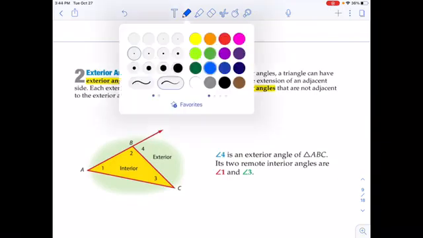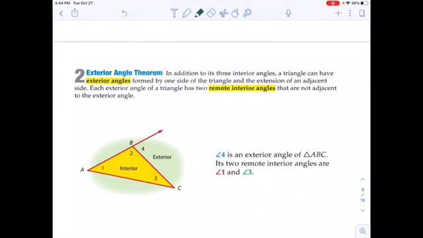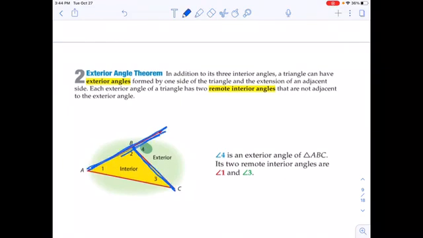So in this case, on this picture, our exterior angle is formed by this side of the triangle and the extension of this side of the triangle. So angle 4 is our exterior angle, and angles 1 and 3 are called our remote interior angles.